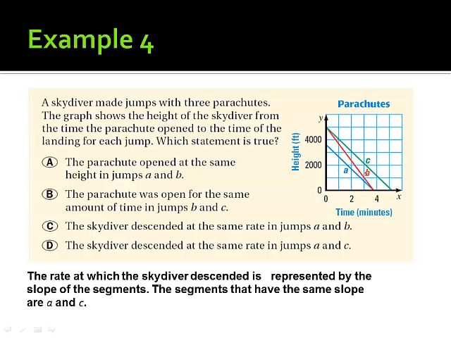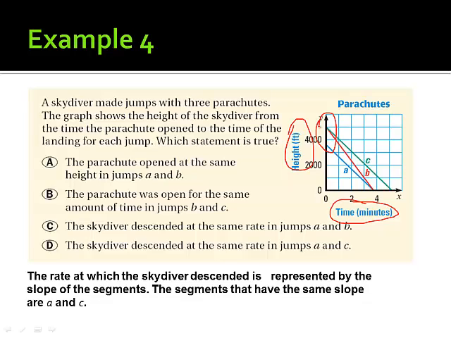The rate at which the skydiver descended is represented by the slope of the segments. So you have your height here, and you have your time. As time goes on, if they're in a plane, they're going to start at a high altitude and be dropping. Their slopes are going to be negative. So the segments that have the same slope are going to be A and C. Now, visually, you can look at that.